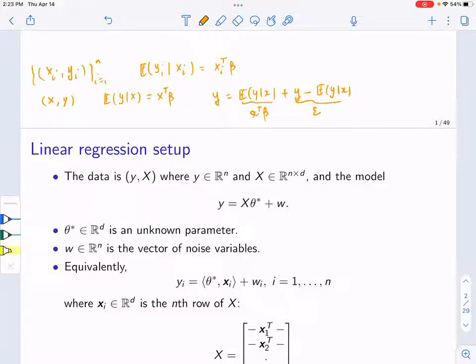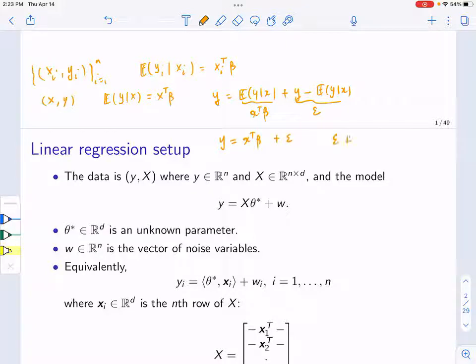But usually for this course, we often assume that this is actually also independent of x. So it's just an independent piece of noise. In general, it doesn't have to be independent of x. For example, you could have a variance that depends on x. It's just a remainder of this projection. But what we're going to assume is that y is x transpose beta plus epsilon.